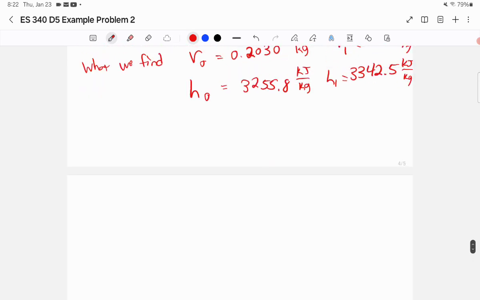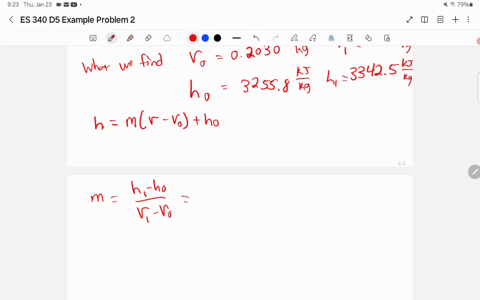So we're going to set up an equation that looks like H is equal to M times, what was the independent variable? Well, that was V. So V minus V naught plus H naught. That's what we're going to get. Now we need to find M. M, of course, is the rise over the run, so it's going to be H1 minus H naught, my dependent variable, over my independent variable, which is V1 minus V naught.